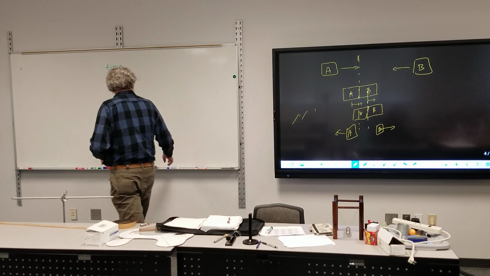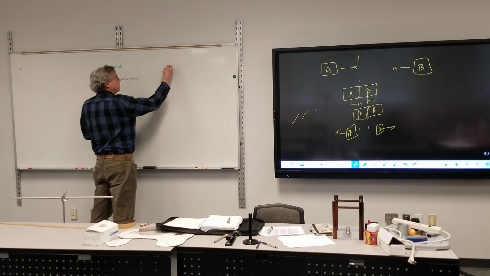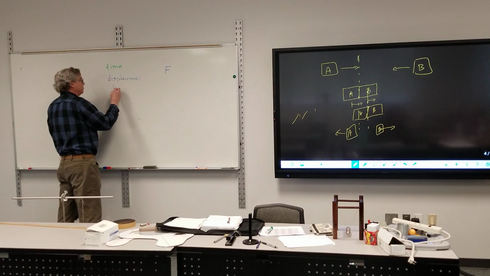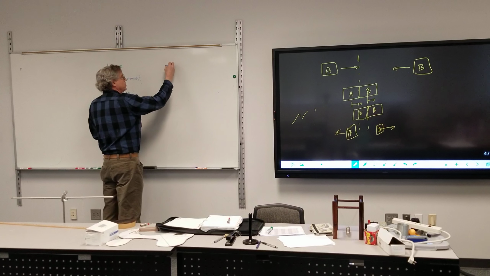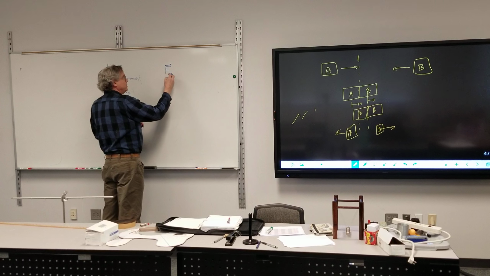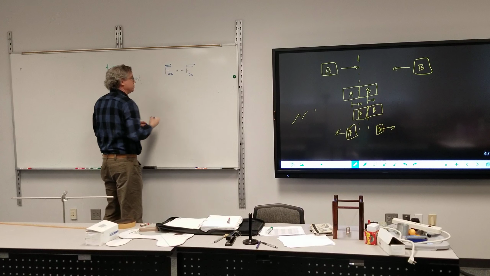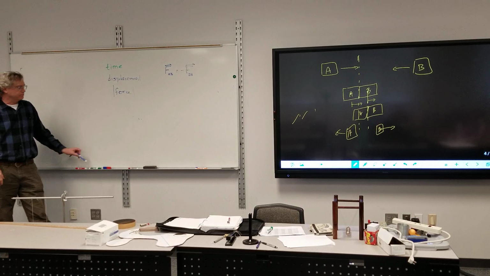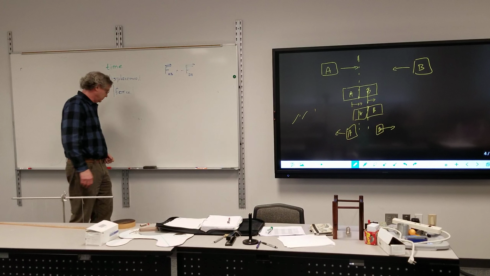I'm going to write that in shorthand notation. Over here, I'll put absolute values around it for magnitude of force. Or in shorthand notation, the force on A from B is equal to the negative of the force on B from A. This is just shorthand for Newton's third law.